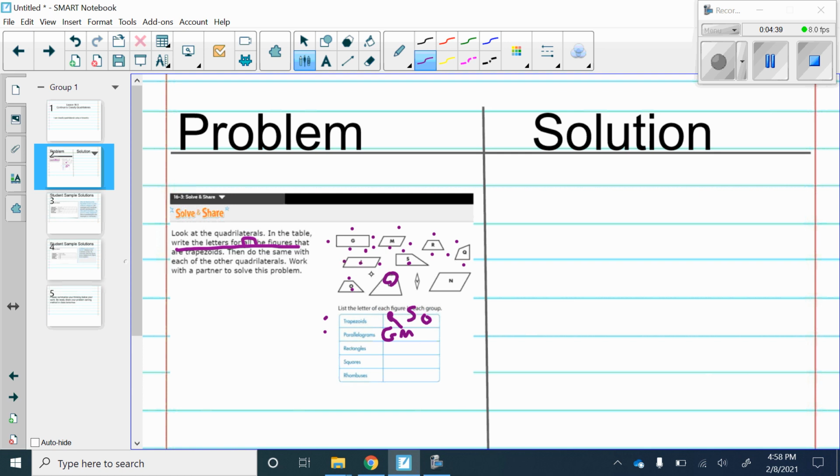L has two sets. S has only one pair. O has only one pair, the top and the bottom. U has one pair. V, oh, that's a tough one. I am not going to put V because it doesn't look like they're parallel, but N does look like it has two sets of parallel lines. So I'm going to put N.